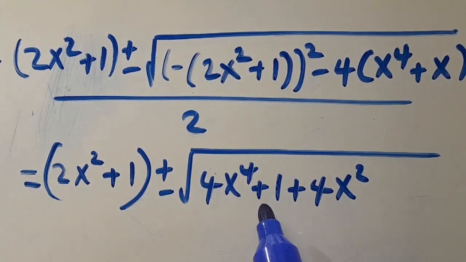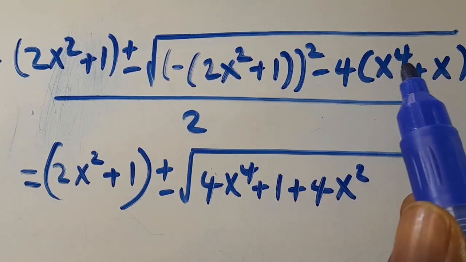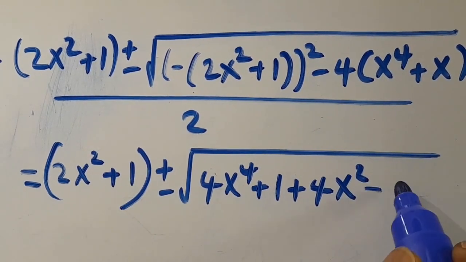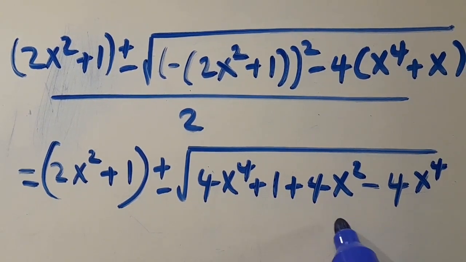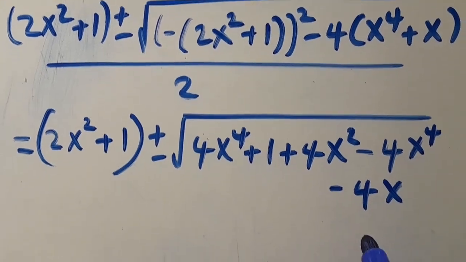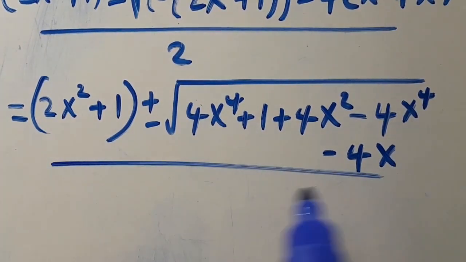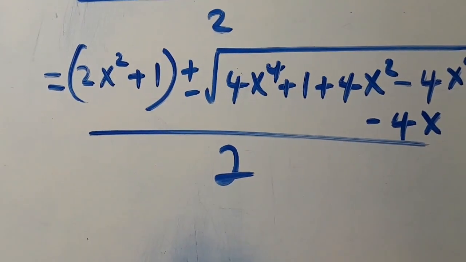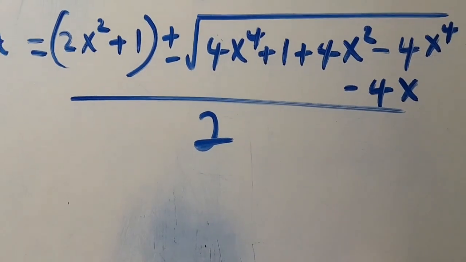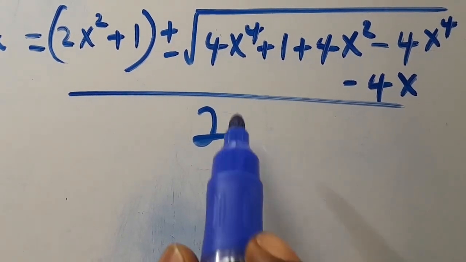When you expand this one, you're going to have this. Then when you open the bracket, we're going to have minus 4x to the power of 4, then minus 4x, so all divided by 2. So mind you that everything here equals t. So from here, look at this expression.